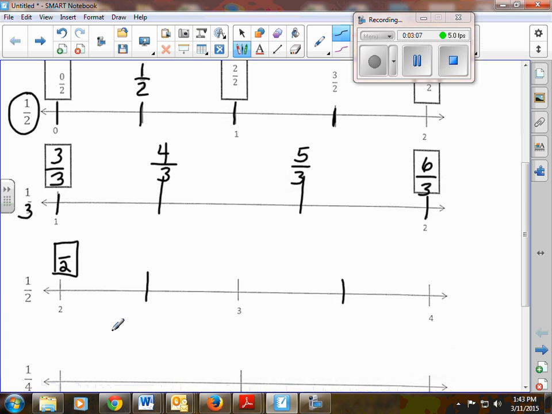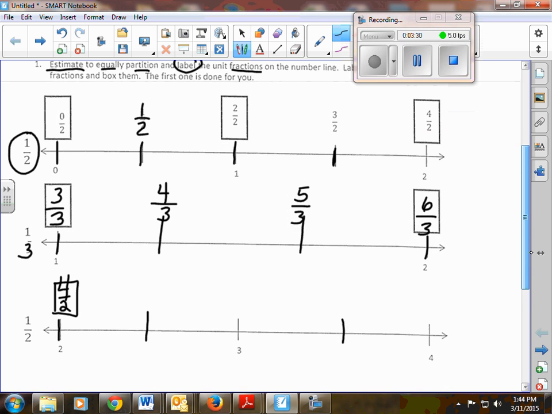Really, is it 2 halves? Think about what comes before this. If this 2 whole is twice the denominator in the numerator, then we need to have this be twice the numerator as well. So in order for this to be proven correct, this has to be 4 halves.